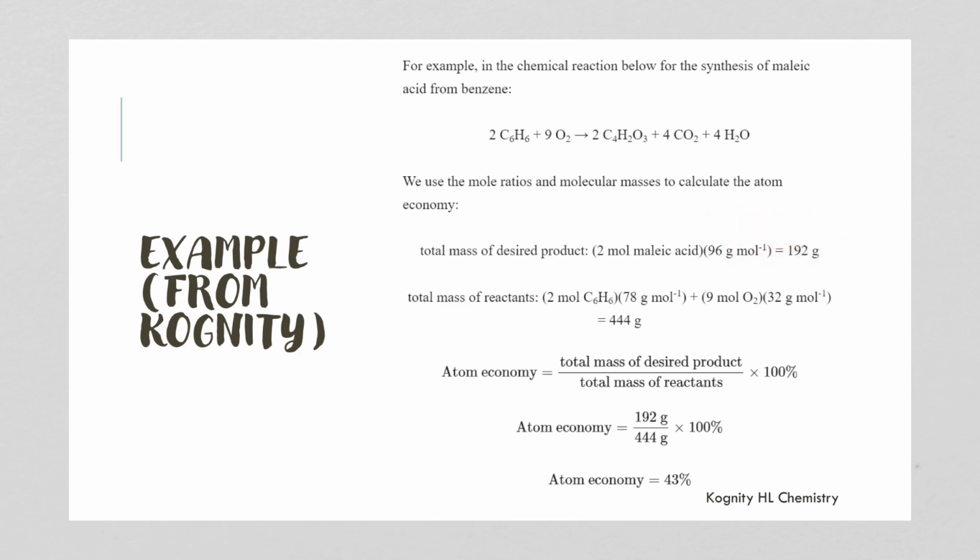The total mass of the reactants are 2 moles of benzene times 78 grams per mole, plus 9 moles of oxygen times 32 grams per mole, so there's 440 grams of reactants, producing just 192 grams of the desired product. The rest is water and carbon dioxide, which aren't hazardous compounds. So in this example, the atom economy then is the 192 over 444 times 100, only a 46% atom economy.